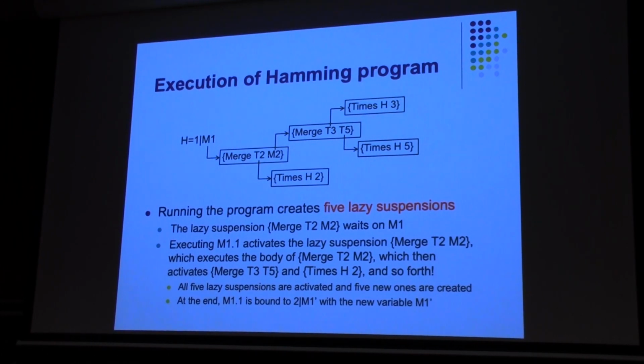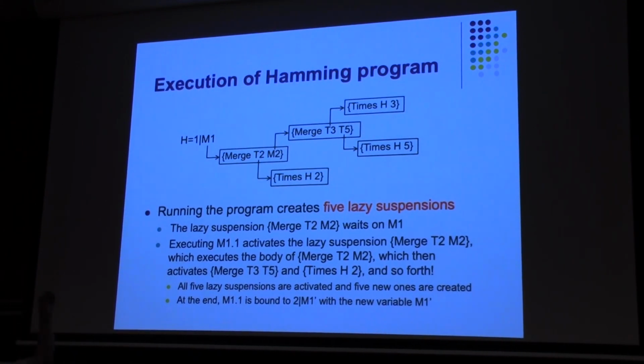Okay? Now let's say I want the second value of H. I know the first one, which is 1. So in order to get the second value, I need to do M1.1. That dot operation needs M1. Okay?